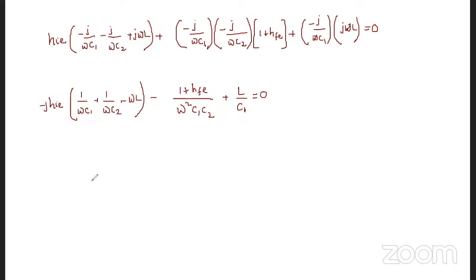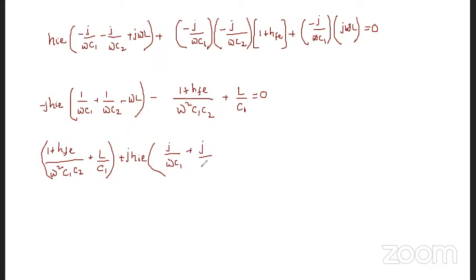So this one we get, and further solving this one, we can get it as 1 plus h_fe divided by omega square C1 C2 plus L by C1, plus here we will write j h_ie, and in brackets we get j by omega C1 plus j by omega C2 minus omega L, which will be equal to 0.